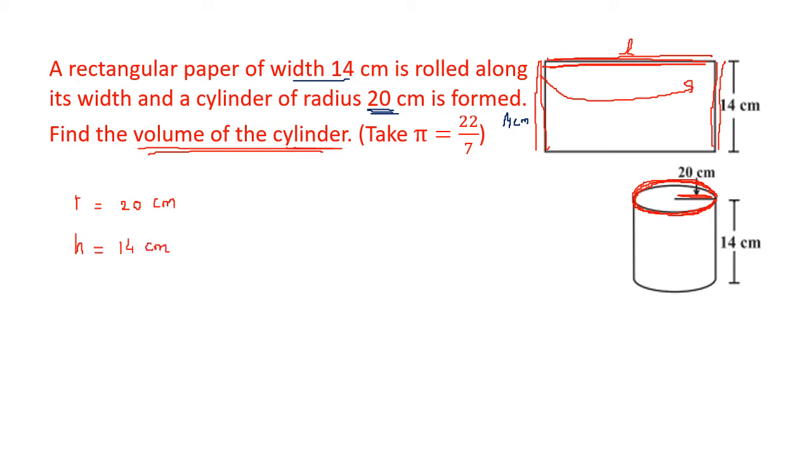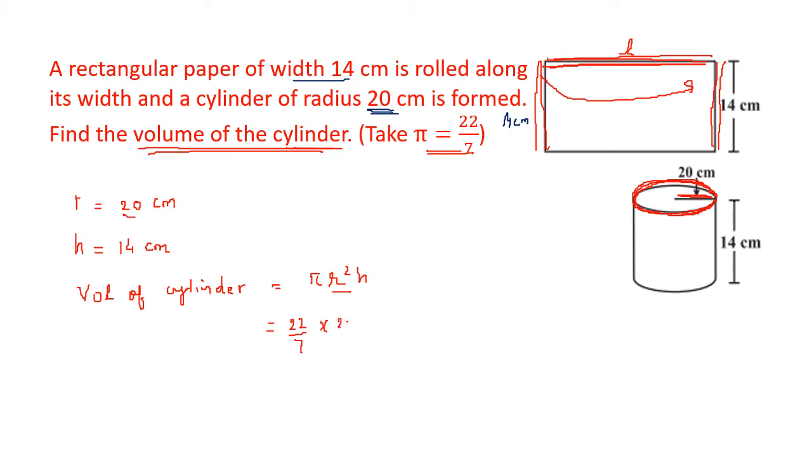So we'll directly use the formula, volume of cylinder. I hope you recall what is the volume of cylinder. What is the formula? Yes, it is pi r square h. Here they have mentioned to take pi as 22 by 7. So we'll take pi as 22 by 7. R square, r is 20.